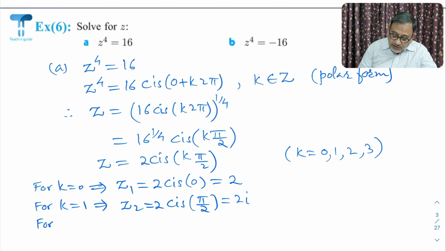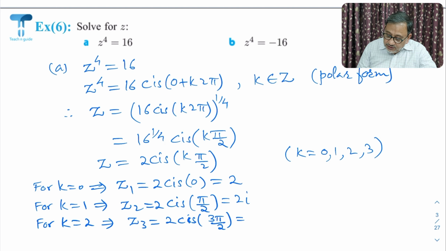Then for k is equal to 2, the third root z3 will be 2 cis 3 pi by 2, and 3 pi by 2 will be on the negative imaginary axis. So therefore you will get negative 2i.